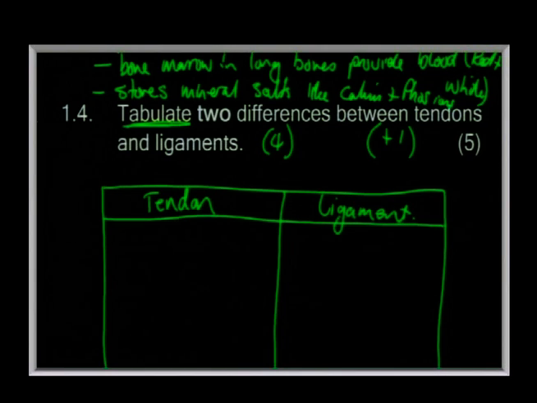So the tendon, first of all, connects or joins muscle to bone. Now, what do ligaments do? They join bone to bone.